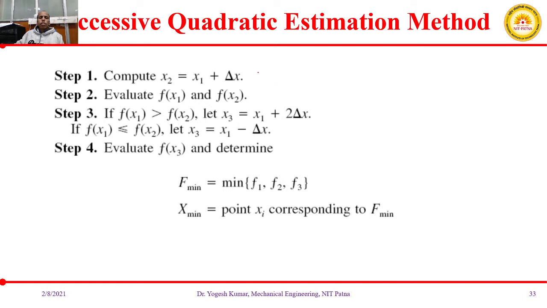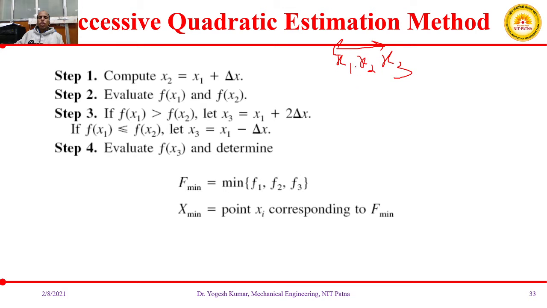Let us try to understand that in the quadratic approximation method, we need 3 consecutive points: x1, x2, and x3. What we are saying is that in the quadratic approximation method, these 3 points are located at equal distances.